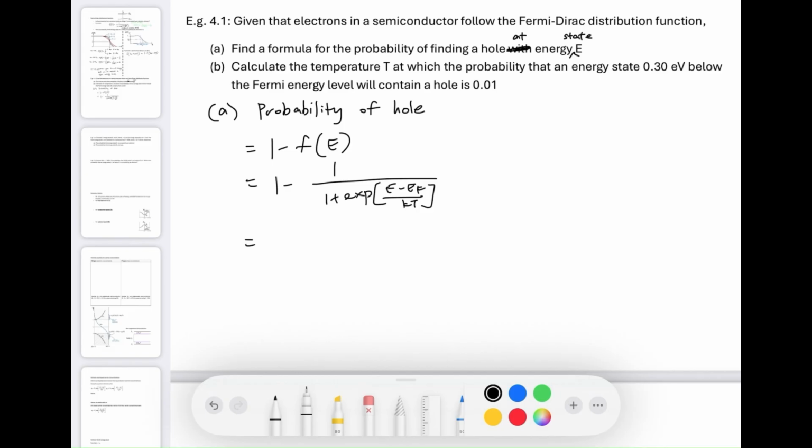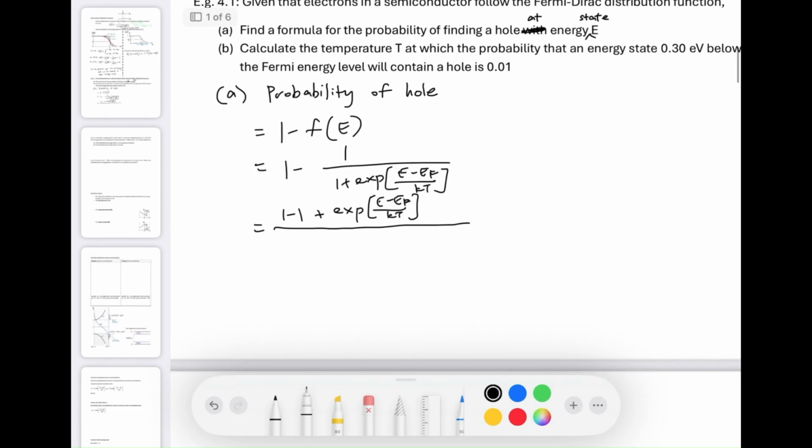And so this is just equal to 1 minus 1 over 1 plus exponential of E minus EF over KT. And then for the denominator, we are going to split it so that we can cancel some terms out. So I'm going to split this into this times 1 plus exponential of EF minus E over KT.